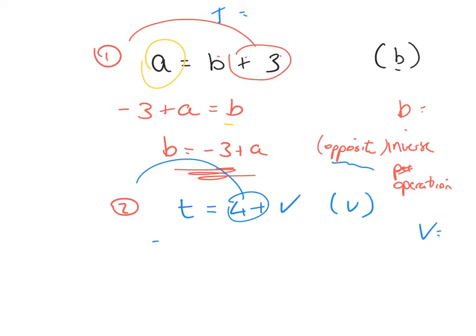Okay, so now we would have minus 4 plus t, and that would leave me with v on its own over here. So it would be minus 4 plus t equals v. And we could, as a final step, it's not necessary, but I'm going to do it, just swap them around and say, well, if minus 4 plus t equals v, then it follows, obviously, that v equals minus 4 plus t.